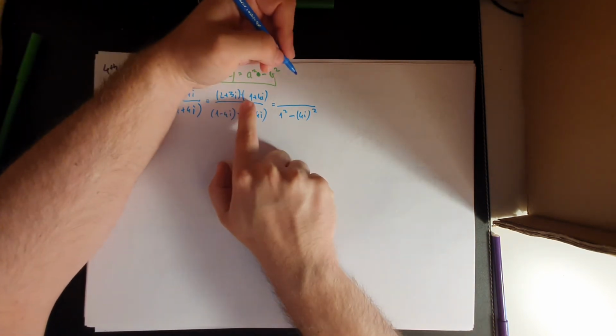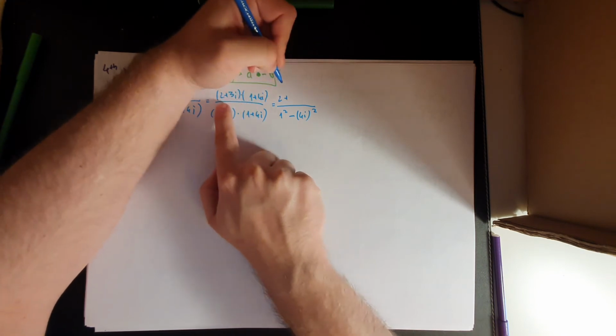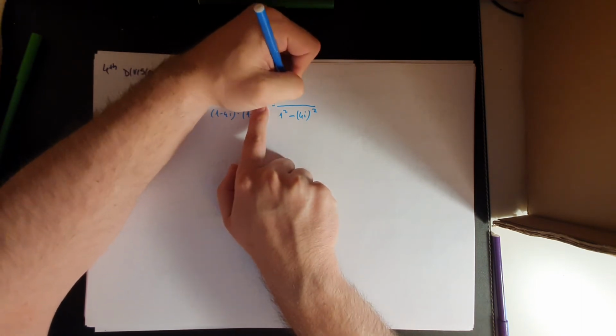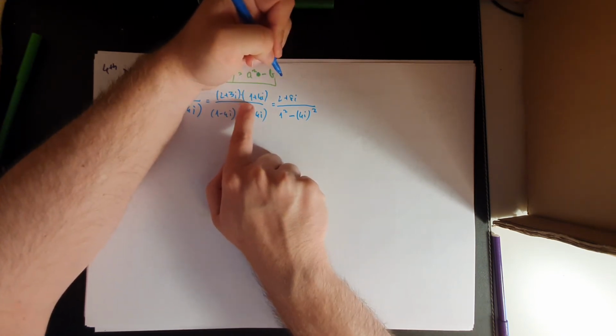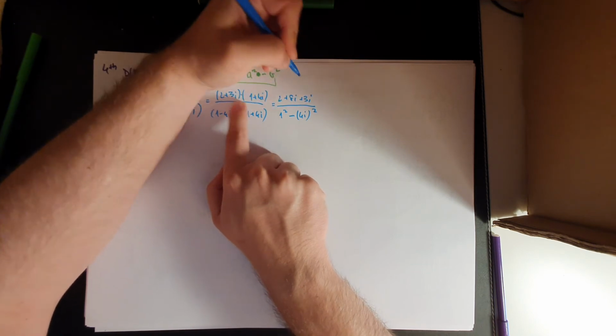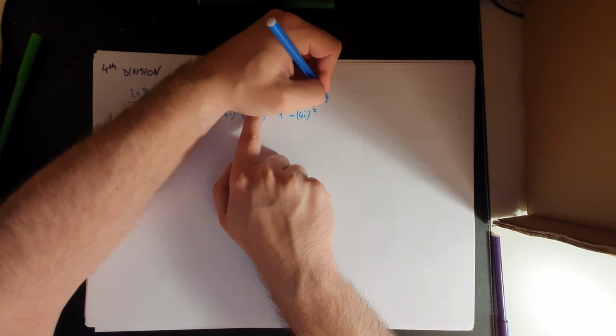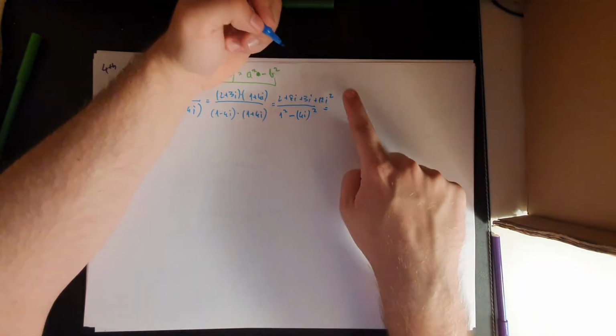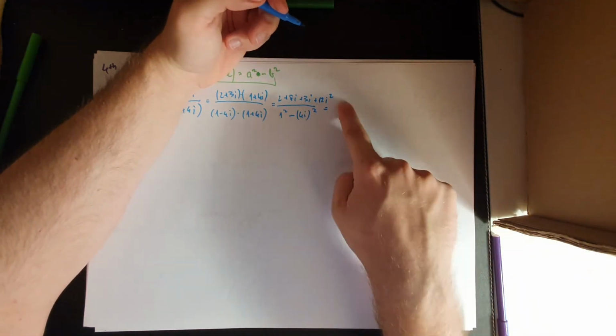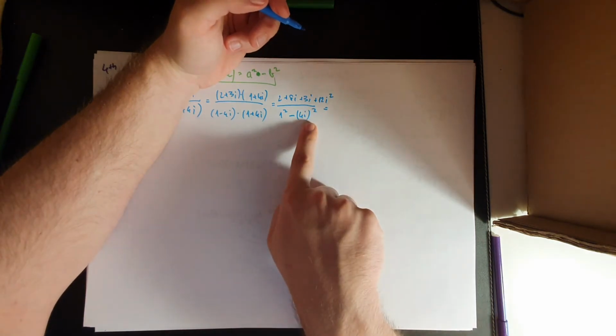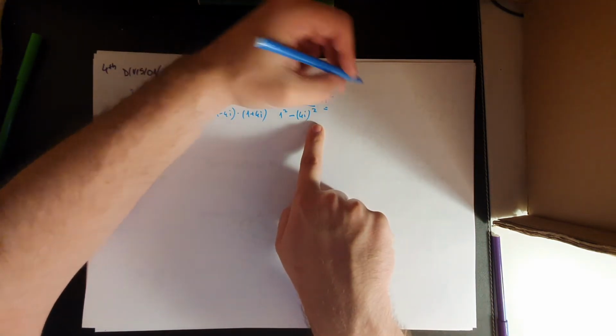So it's going to be 2 times 1 is 2, plus 2 times 4i is 8i, 3i times 1 is plus 3i, and 3i times 4i is going to be plus 12i squared. An i squared appeared here, and we are going to get rid of it.